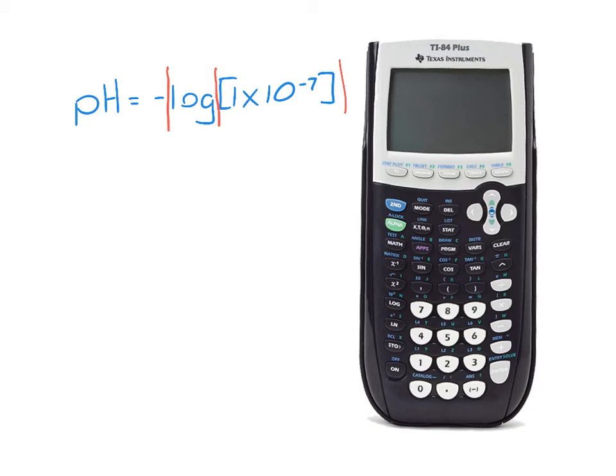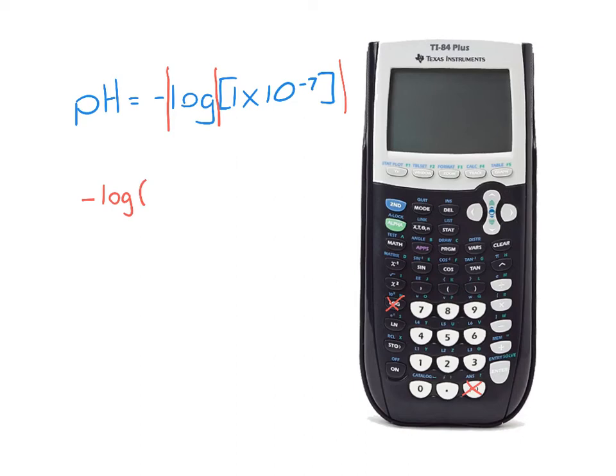You would first hit the negative button, and you would see the negative appear on the screen like that. Then you would hit the log button, which is right here, and it literally says log, L-O-G. That's going to appear on your calculator like that, negative log. It's also going to have an open parentheses, which is where you're going to put your number.